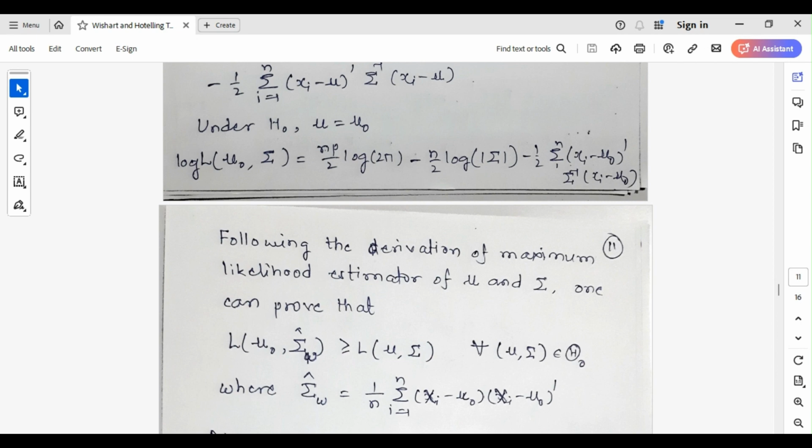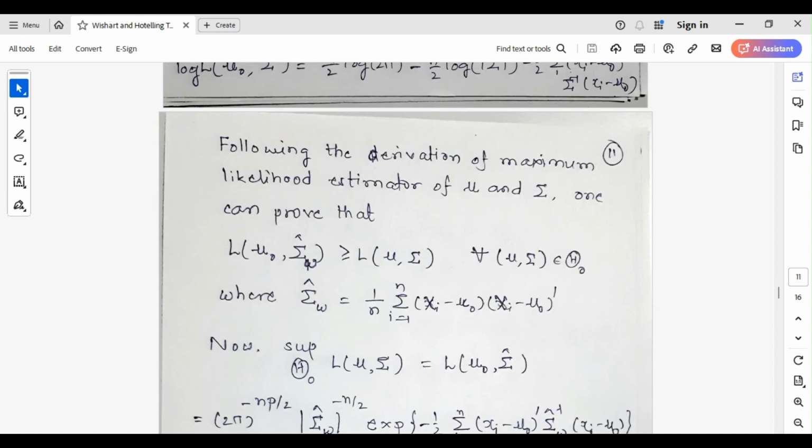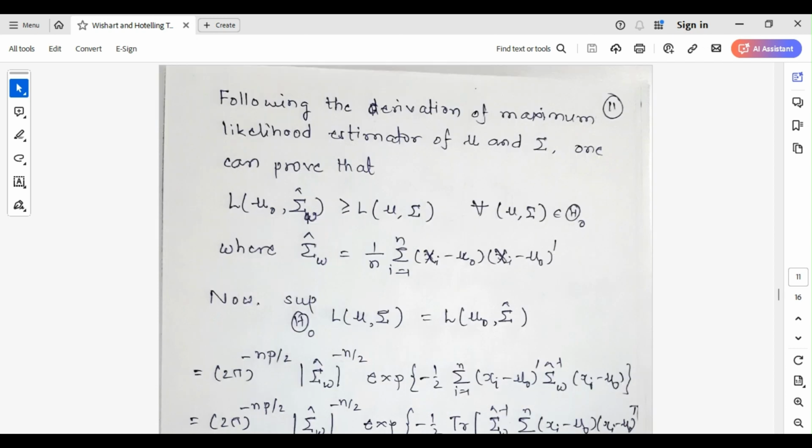When mu equals mu naught, one can easily show that the likelihood function gets maximized with respect to sigma when, instead of x bar, we take mu equal to mu naught. Then the likelihood function is maximized at this sigma hat W denoted like this here.